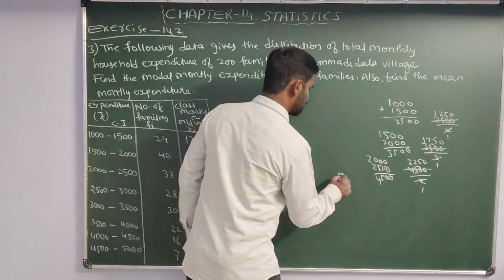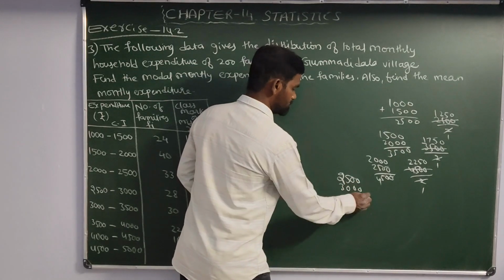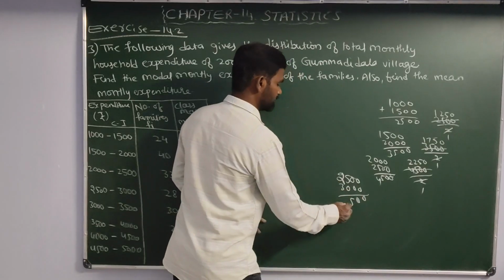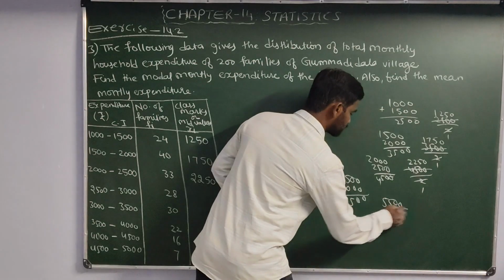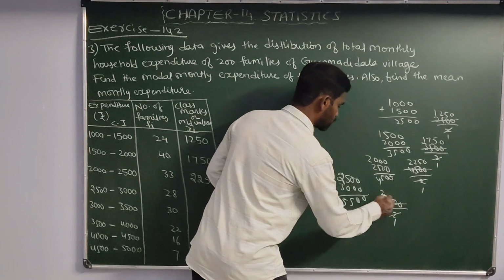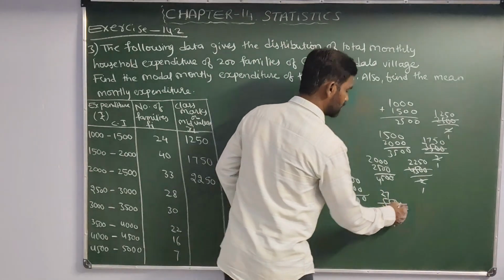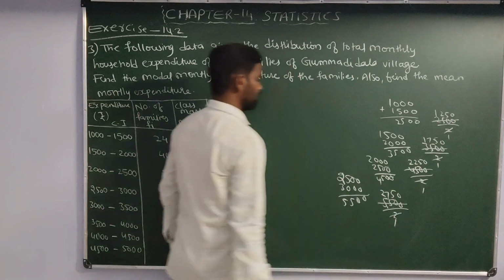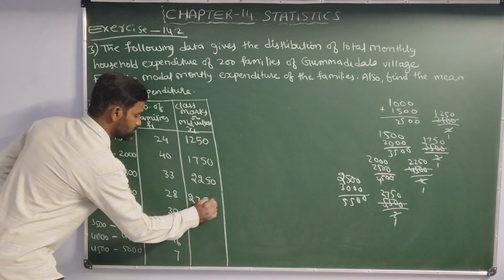Next, 2500 plus 3000 is 5500. 5500 divided by 2 is 2750.